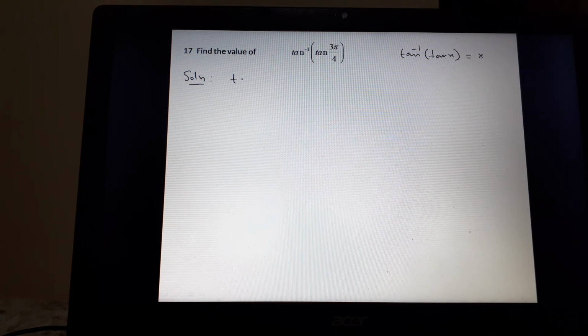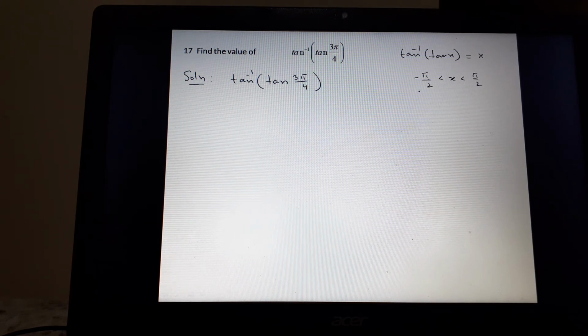So consider tan inverse of tan of 3 pi by 4. It is x provided this lies in the principal branch value, minus pi by 2 less than x less than pi by 2. But 3 pi by 4 goes beyond this.